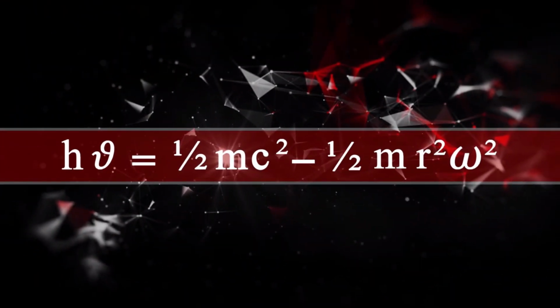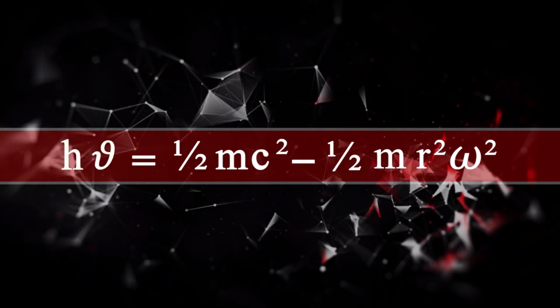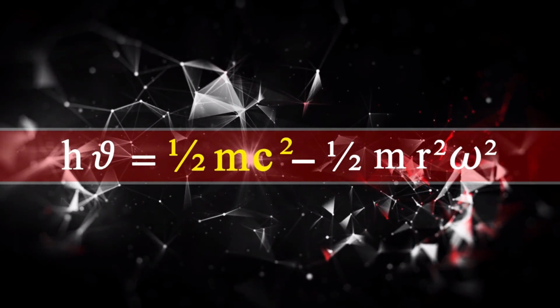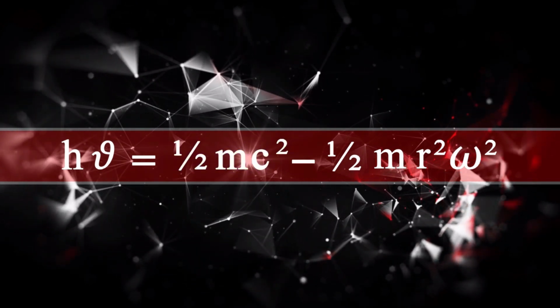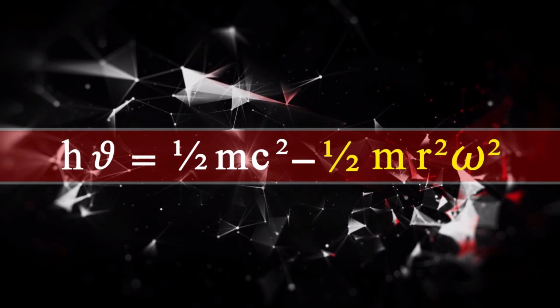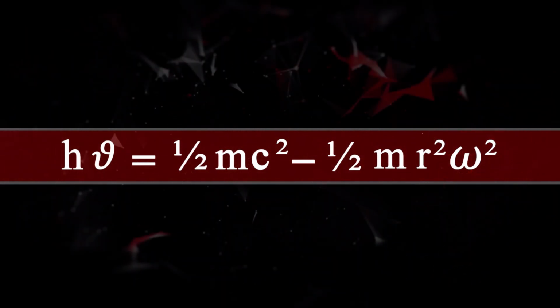In this formula, the first part is the energy of the wave-like part, and the second one is translational kinetic energy, and the third part refers to the rotating energy at a constant angular velocity.